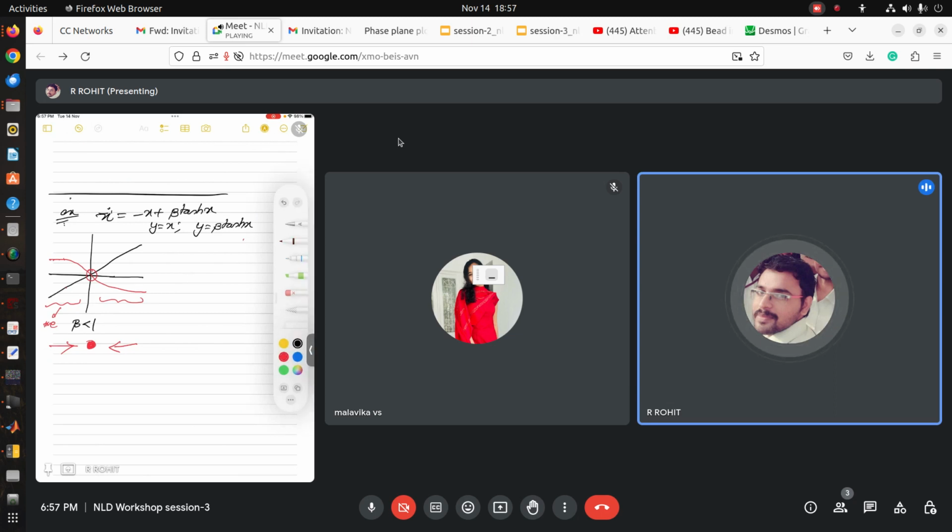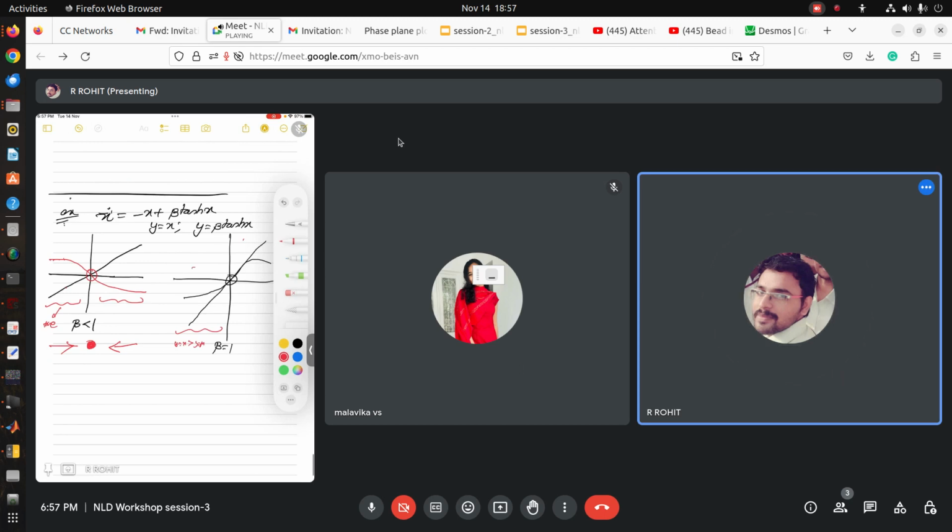Now when you go to the next step where beta equal to 1, you had y equal to x passing through this, and the diagram was more tangent to your line and it went like this. Now here if you observe the fixed point, in this region y equal to x was greater than y equal to beta tanh of x.